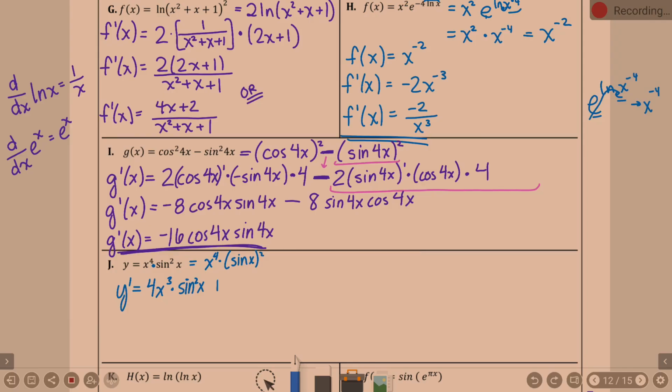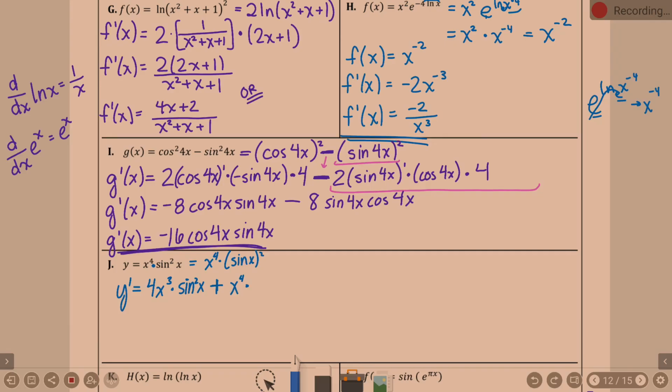Then product rule has a plus in it. This time I'm going to keep the x to the fourth, and I'm going to multiply by the derivative of sine squared. 2 sin x.